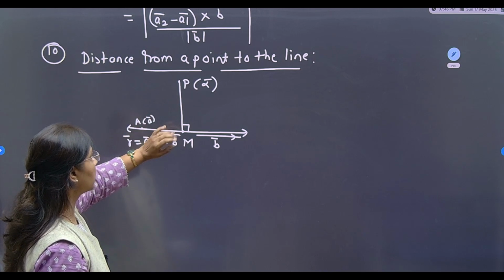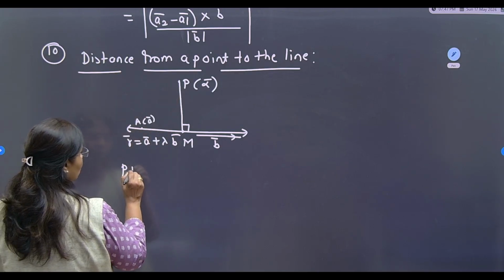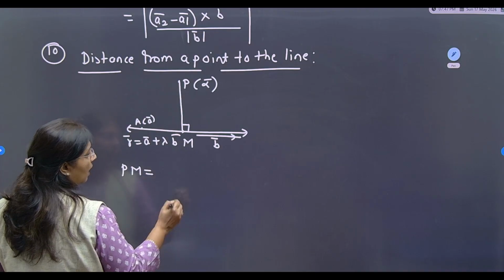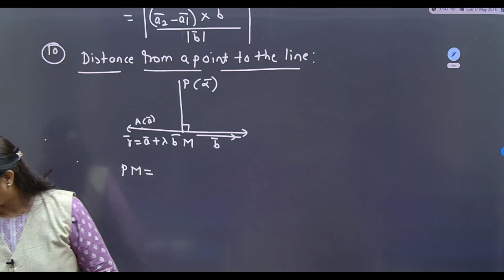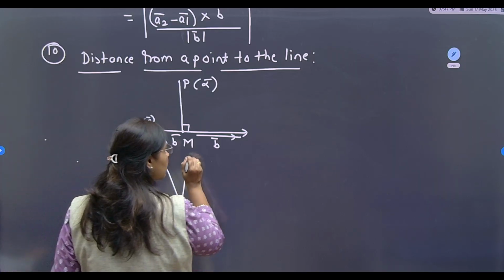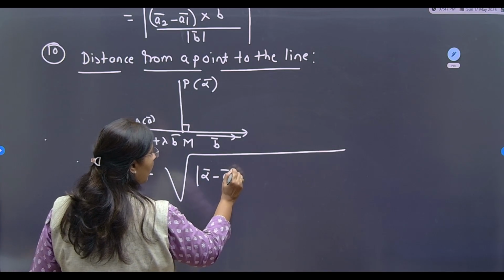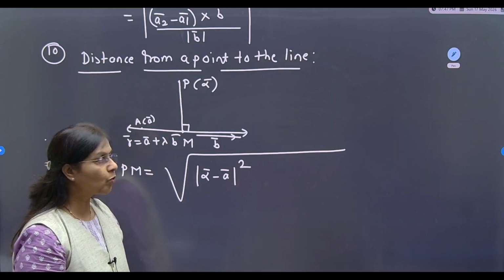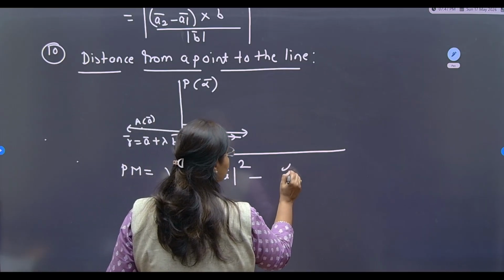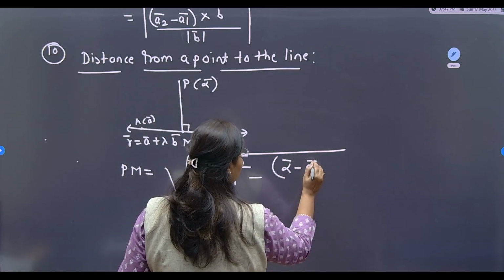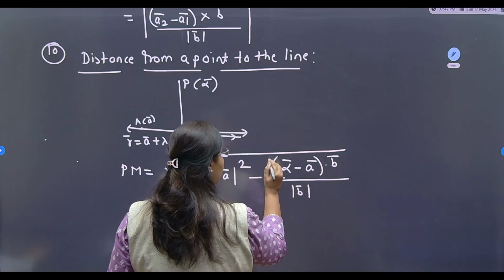Length PM, the distance, is equal to the formula: under root of modulus of alpha bar minus a bar, its square, minus the square of alpha bar minus a bar dot b bar upon magnitude of b bar.